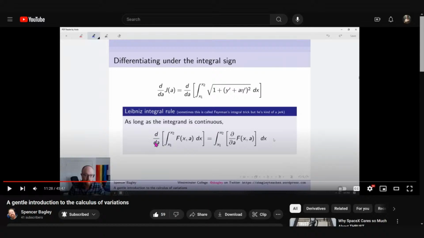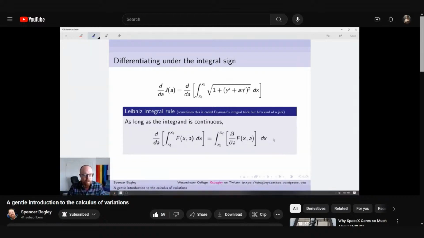The derivative of the definite integral with respect to a is equal to the integral of the partial derivative with respect to a of the function. Well, we would have to prove it, but assuming we have proved it, yeah. The Leibniz integral rule. Sometimes it's called the Feynman integral trick, but honestly, he's kind of a jerk, and so I don't want to stick his name on it.